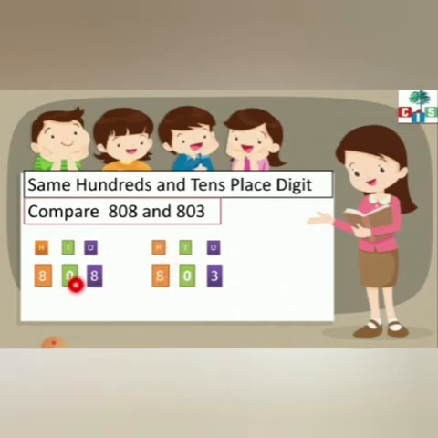Now we will look at the tens. Here it is 0. Here also it is 0. Now I will look at the ones. Here it is 8, and here it is 3. Now which number is bigger, 8 or 3? Definitely 8. So 808 is greater than 803.